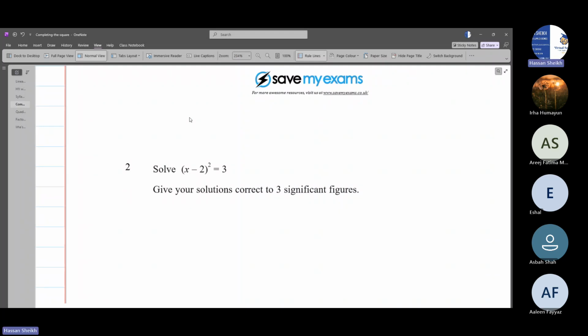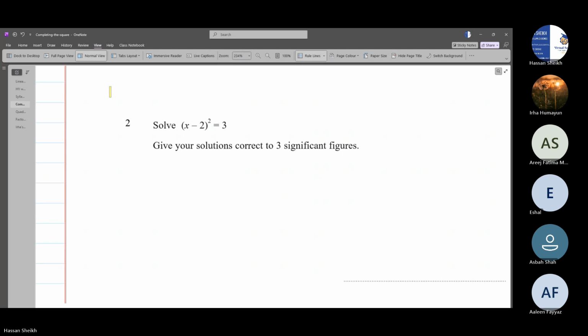First of all, this is not a completing the square method. We can use it, but okay. First of all, let me solve it with the quadratic formula.